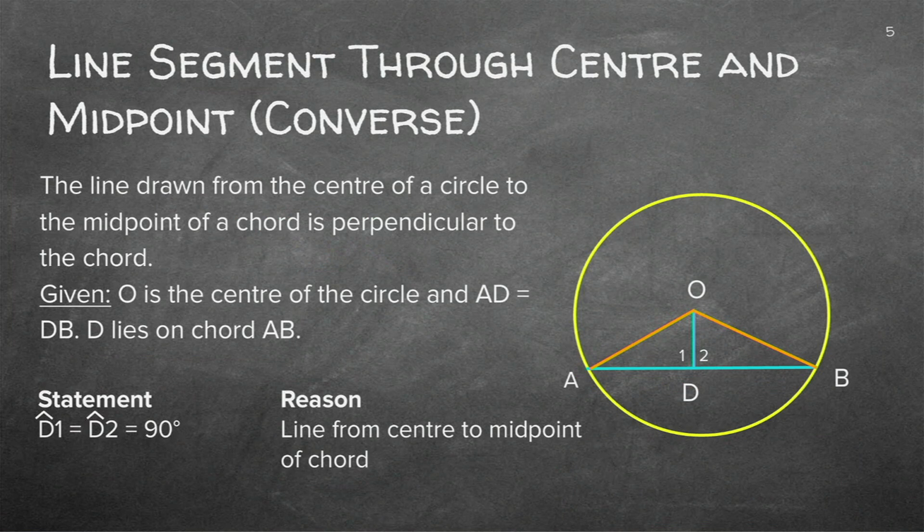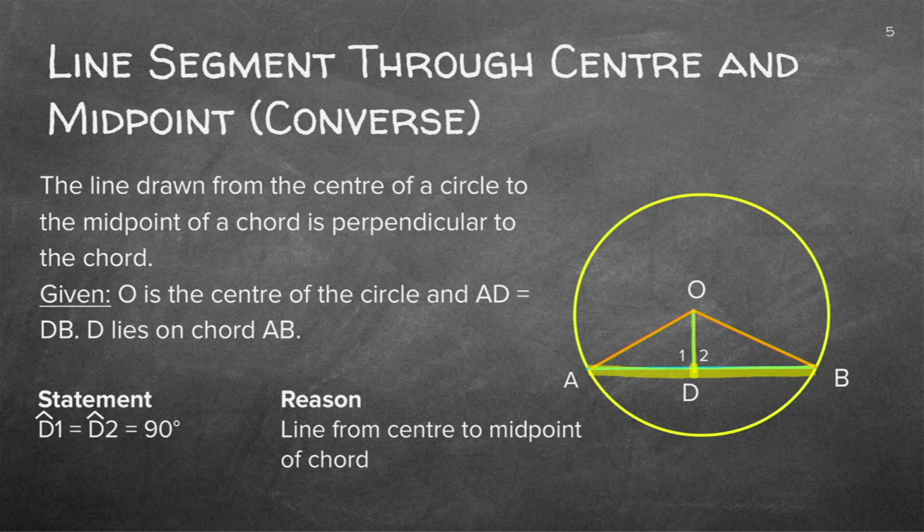If we look at the converse of this theorem, it says the line drawn from the center of a circle to a midpoint, it will be this one, midpoint of a chord, my chord is AB, it will be perpendicular to the chord.